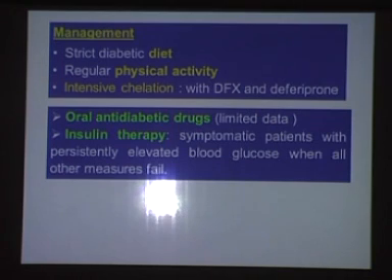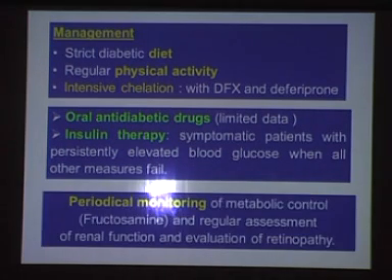There are limited data on oral anti-diabetic drugs, and insulin therapy is indicated in symptomatic patients with persistently elevated glucose when all other measures fail. Periodical monitoring of the metabolic control by glycosylated hemoglobin, regular assessment of renal function, and evaluation of retinopathy is important.